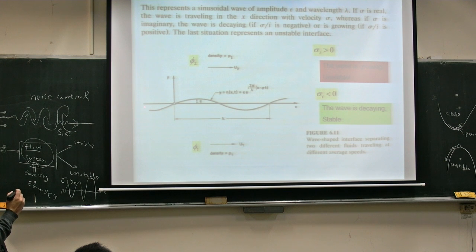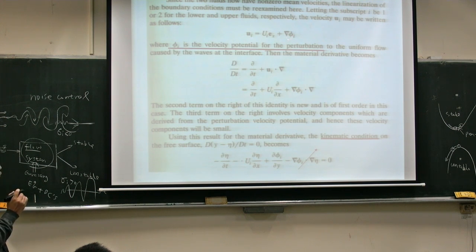So this is a velocity potential due to a small perturbation I introduce at this interface to test this flow system. This small perturbation on the interface causes the flow near the interface to change slightly, and the velocity potential change can be represented by this. That's why we introduce our velocity like this.